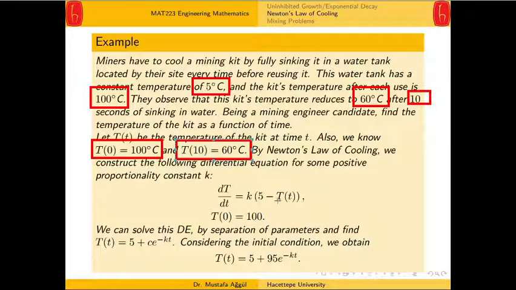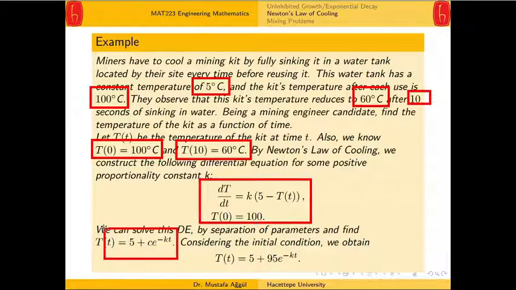So this is k times (5 minus T). And also we know initially we have 100 degrees for the object, so this will be an initial value problem. We can solve this differential equation by separation of variables.